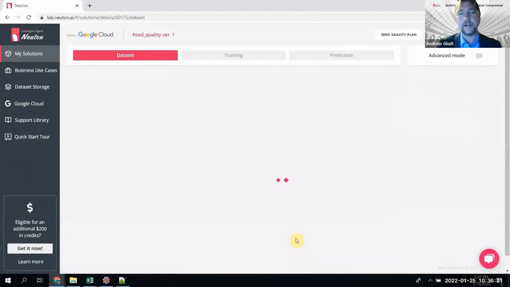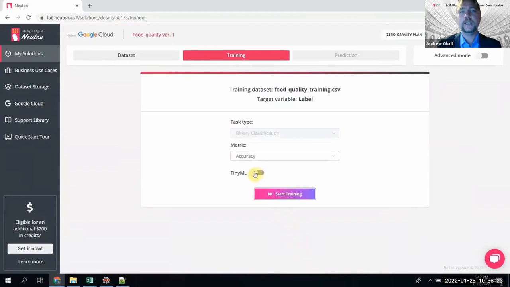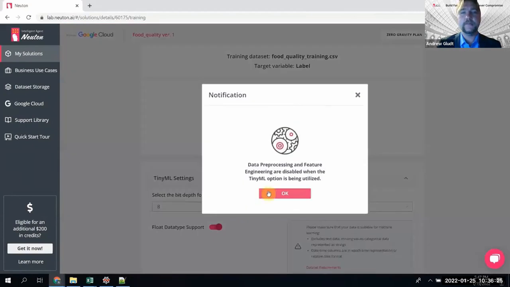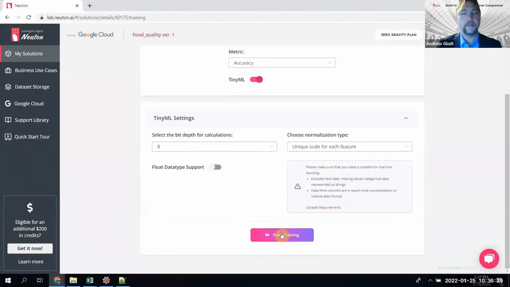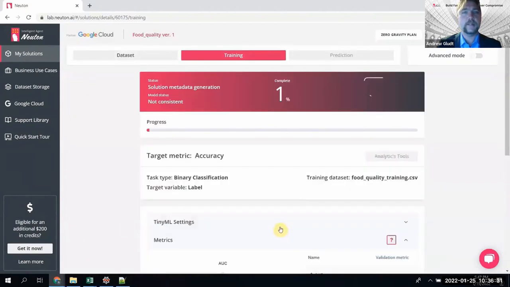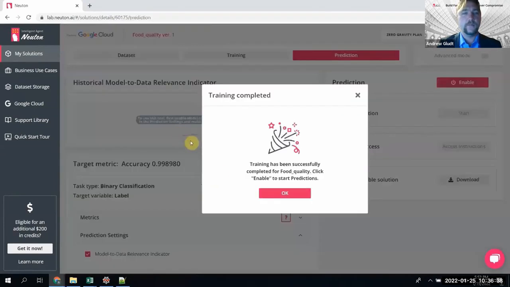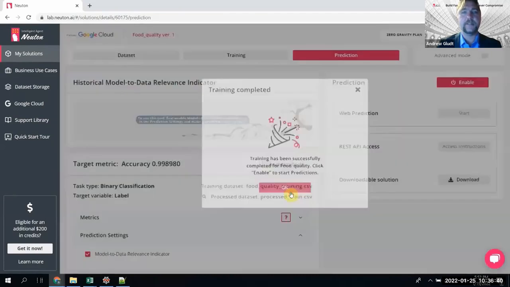Now we select the target variable label. Here we're going to turn on TinyML, and then select the bit depth. So we have 8 bit. Here it's going to now train the model. Since that takes a little bit of time, we already have one that is pre-trained. So let's take a look.